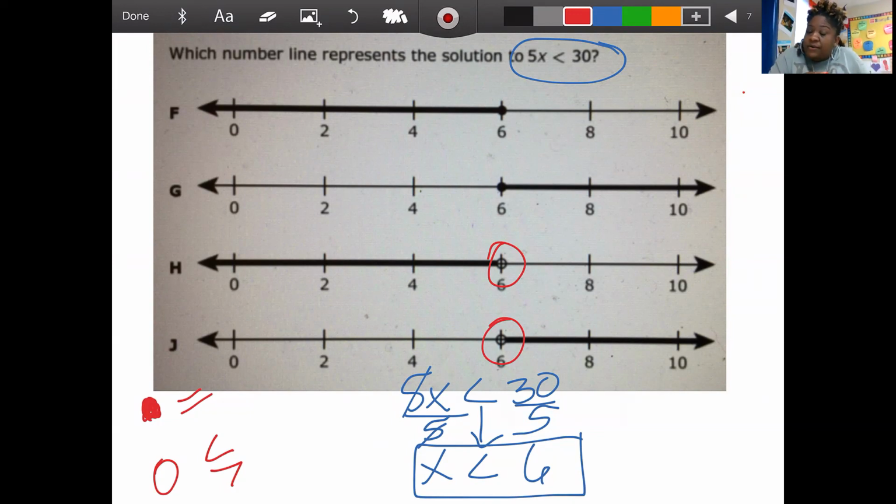Hence the closed circle. So if it's closed, it means it can equal 6. Well, our sign is not an equal sign. It has to be less than, so it's open. It cannot include 6. Now, x is less than 6. Which direction are numbers going to be less than 6? To the left of the 6 or to the right? Numbers less than 6 will be to the left.